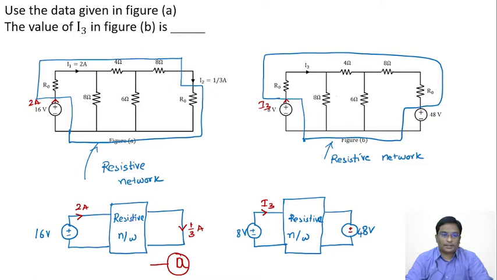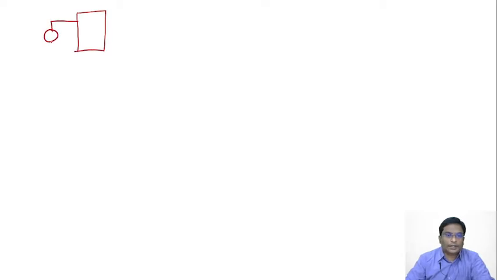Okay, I will move to the next slide. The first diagram they given is for 16 volts. The current given here is 1 by 3 amperes, and the current flowing here is 2 amperes.